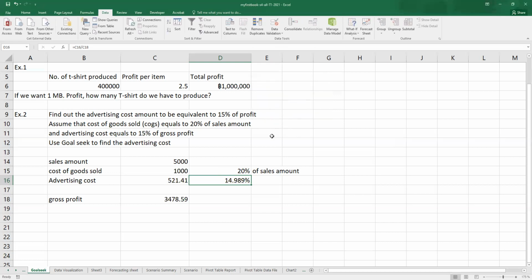But if you think you can do better than Goal Seek, you can fine-tune it by yourself. For example, you can see that it tries a lot to get many decimal places. But if you think you can manually fine-tune it, you may use this number and then adjust some decimal places a bit until you get the best value.